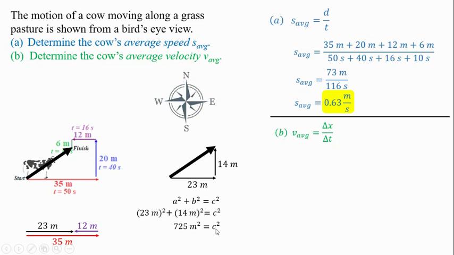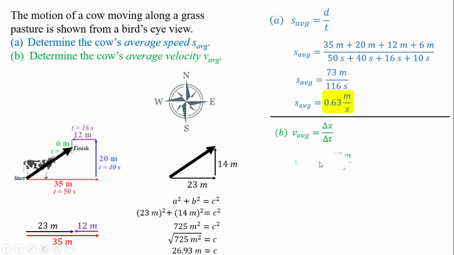To find c squared, to find c, we need to get rid of the square by simply square rooting both sides. Square rooting both sides makes c squared just c, and then square rooting 725 meters squared would give us a distance of 26.93 meters. Okay, so the 26.93 meters here just represents the magnitude of the arrow, the length of this diagonal.